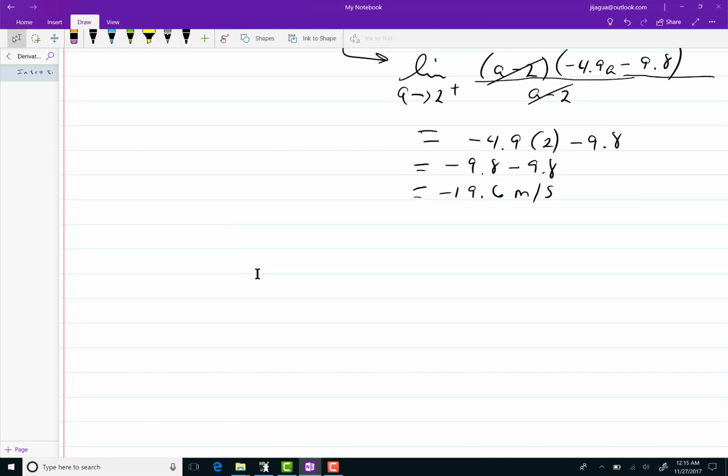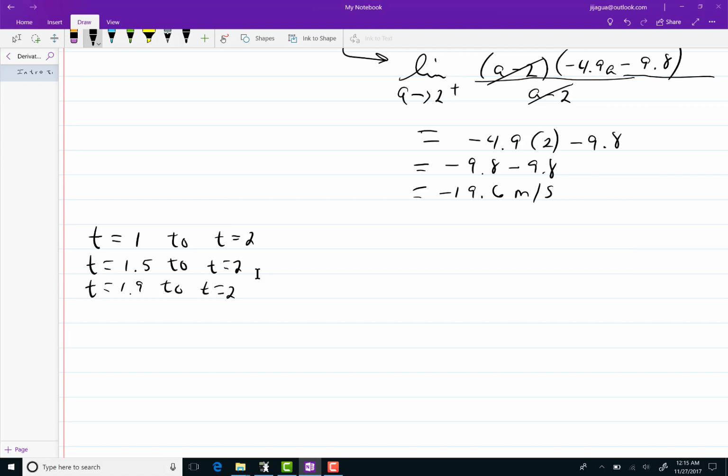Like I could have gone from t equals some number, let's say 1, to t equals 2, t equals 1.5, to t equals 2, t equals 1.9. You get the idea. I can keep doing this and approach the instantaneous velocity from below.